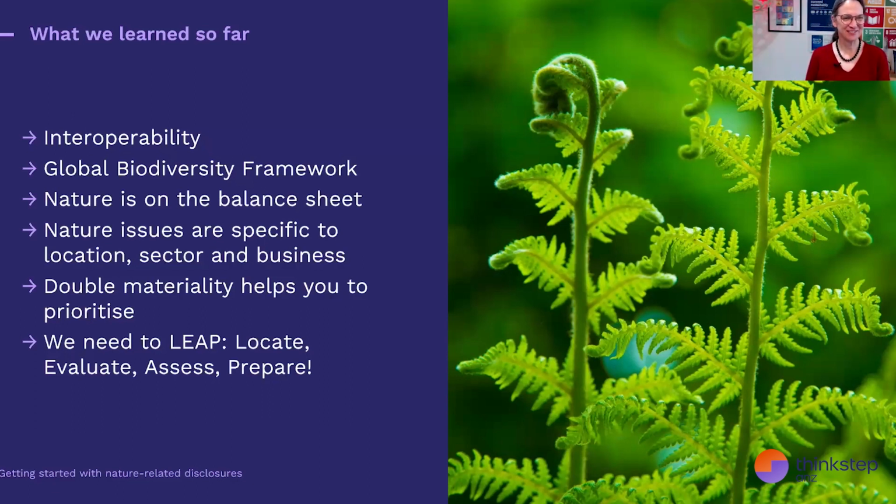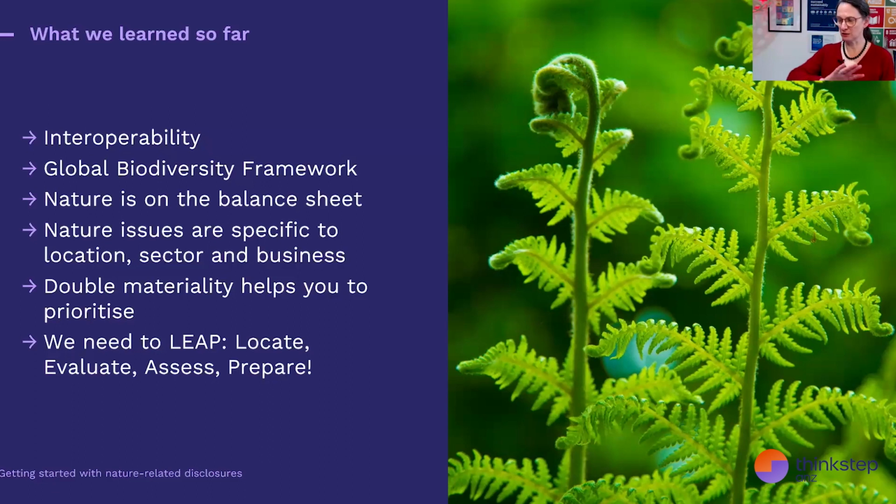So we've got our global commitment that we're working towards, the GBF, the Global Biodiversity Framework. Nature already is on the balance sheet. And for those who do integrated reporting, are already well underway to do that. And the difference really is that nature issues are very specific to location.